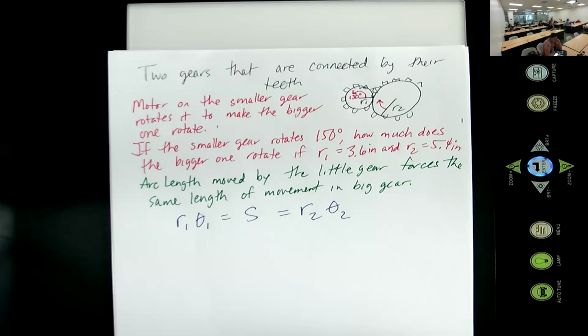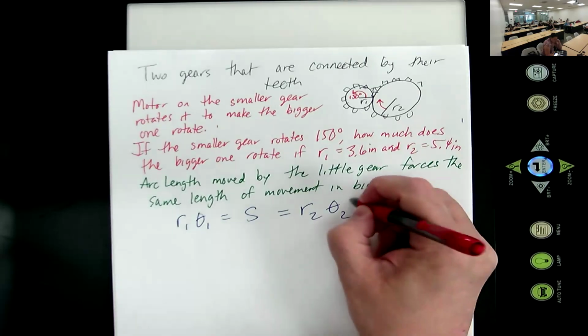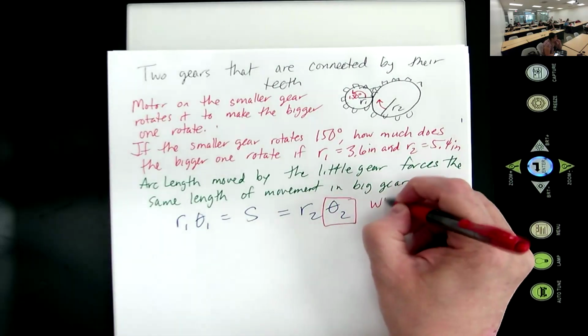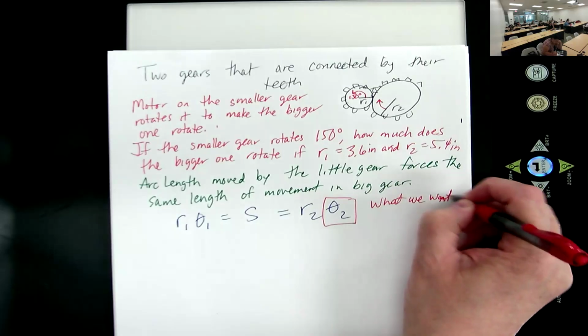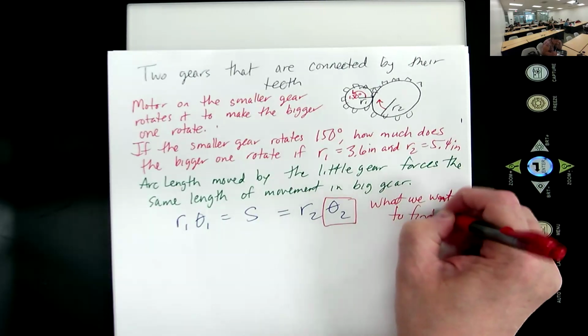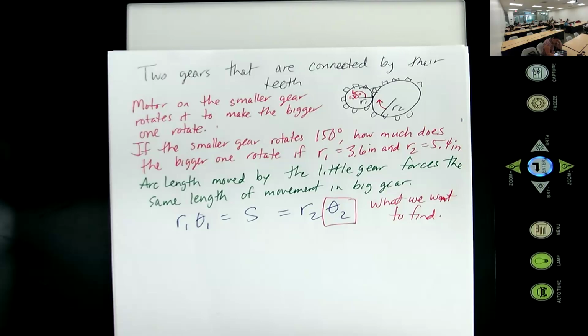Now, what are we looking for here? We're looking for how much the bigger one rotates. This is what we want. So you have two ways of doing this.